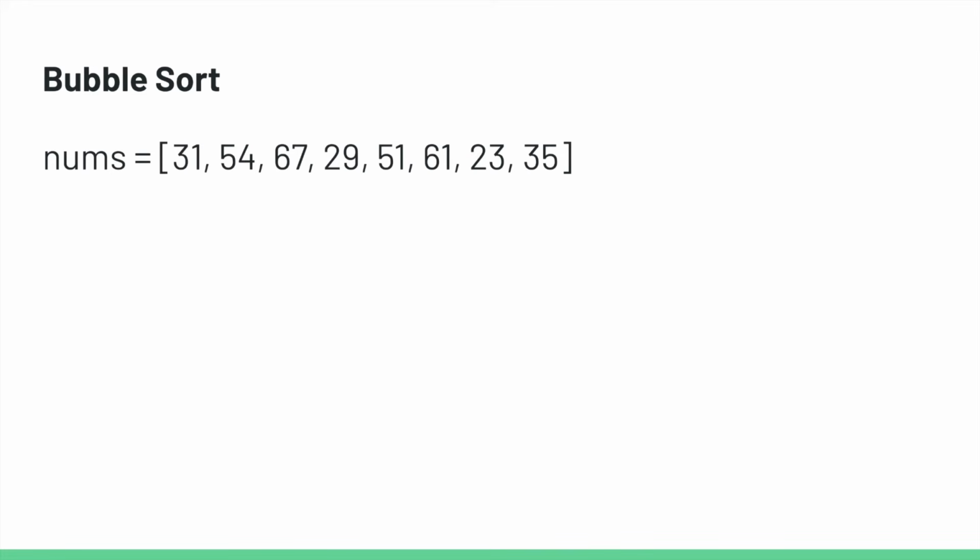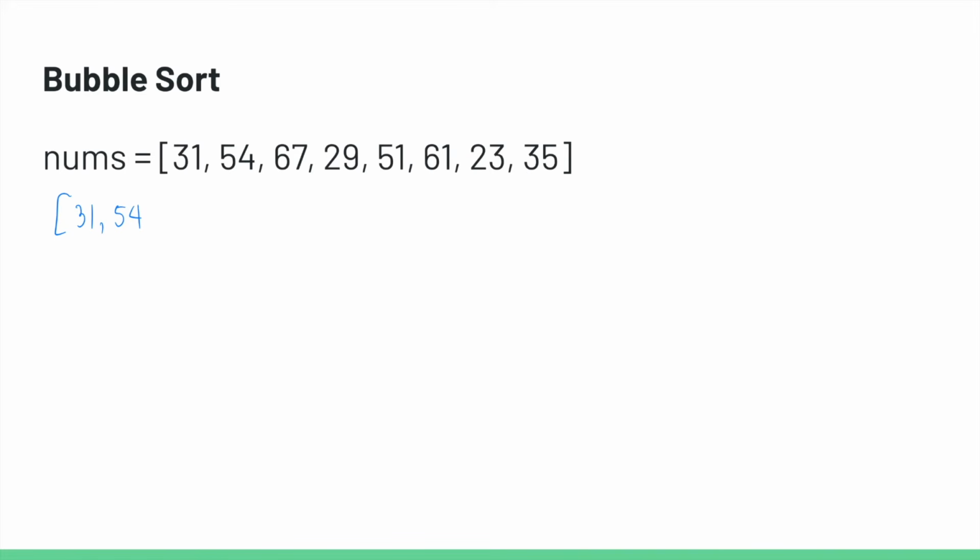So the first thing we're going to do is start with the array, and we're going to start with 31 and 54. So 31 is less than 54, so we're not really going to do anything. We're basically going to compare each element to the element after it, and if the element after it is less than it is, then we're going to swap them. Otherwise, we're not. So you've got 31 and 54.